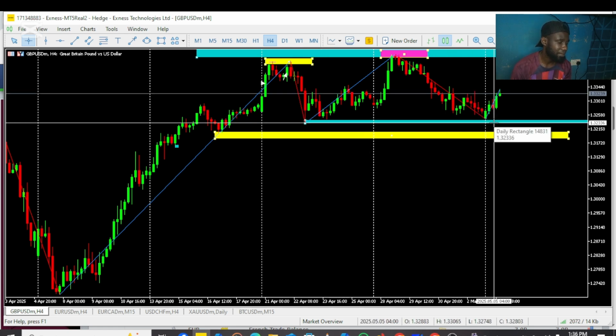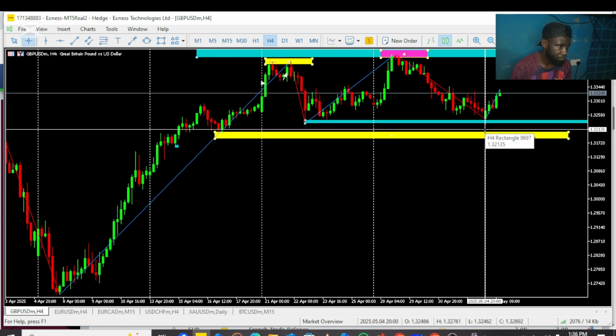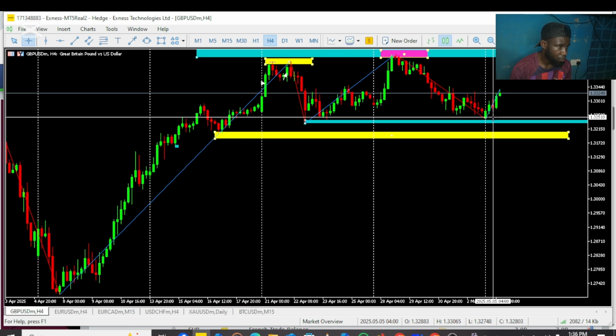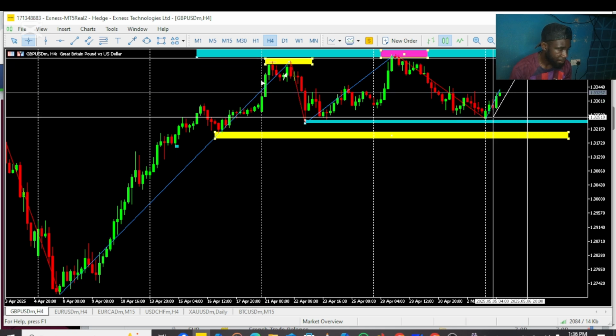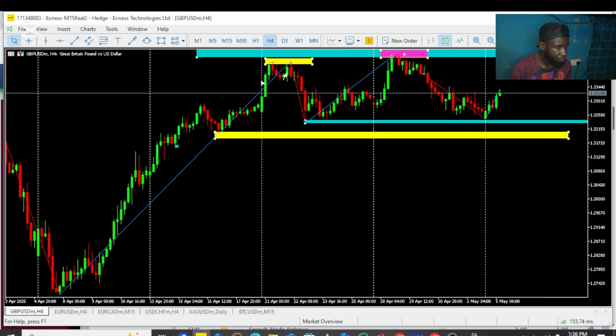So this market has touched the support again. Right now we are expecting the market to move high to touch the resistance zone again. This means the market is moving sideways.